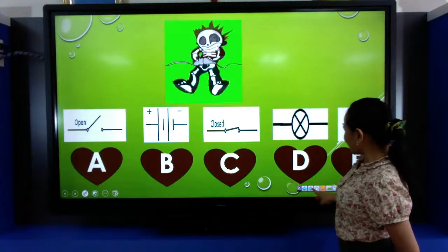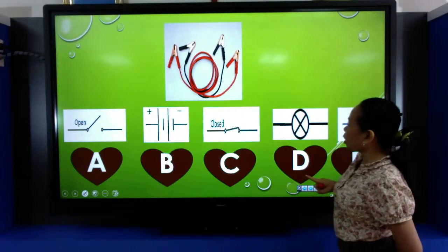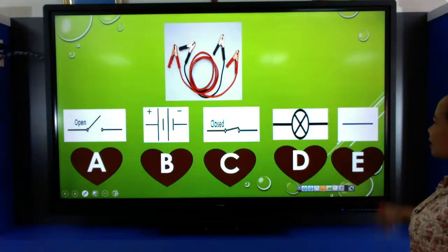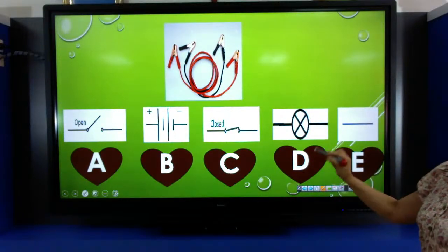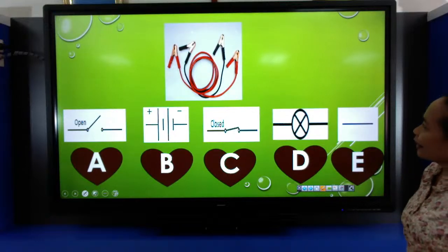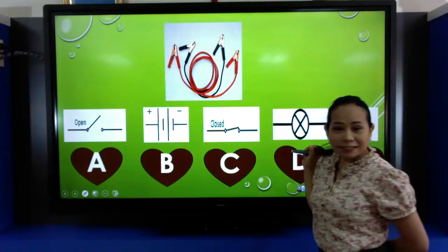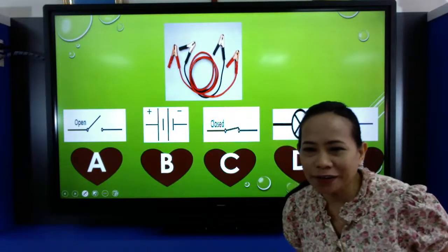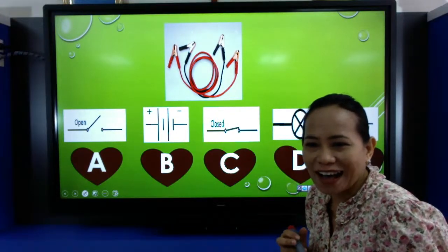Next, another. What is the symbol of this component? A, B, C, D, or E? Letter E. Okay, so fast.